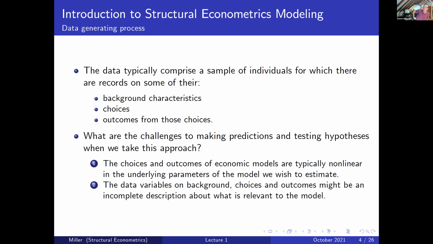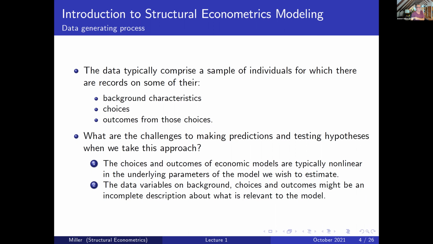Okay, what do we mean by this data generating process? The data for us, and actually for most studies now, typically comprise a sample of individuals for which there are records on their background characteristics, the choices that they make, and the outcomes from those choices.